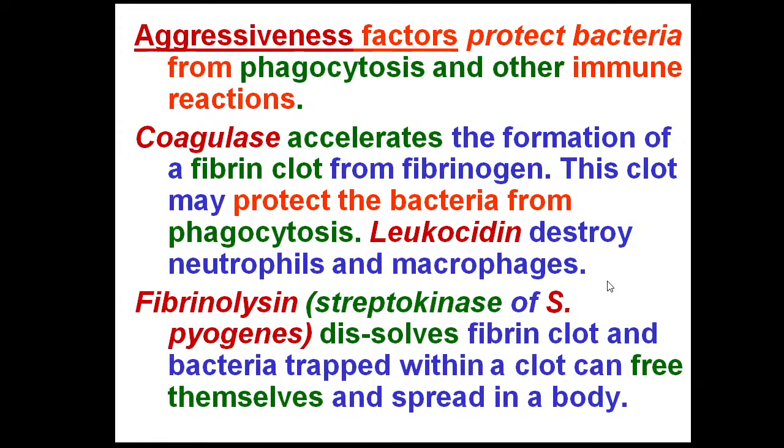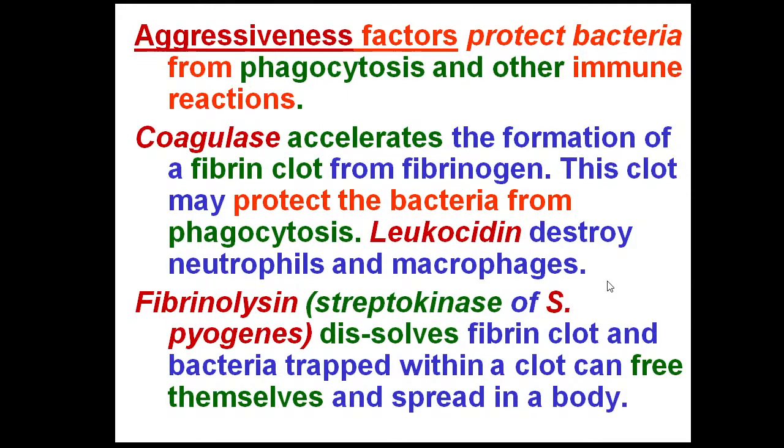Then we come to this next group of factors that is called aggressive factors. Sometimes it is difficult to see the difference between the invasive factors and factors of aggressiveness, right? But usually with the aggressive factors, we mean that they give protection from some immune mechanisms.